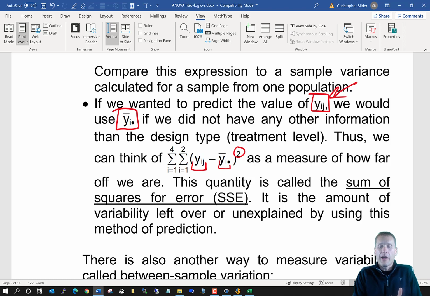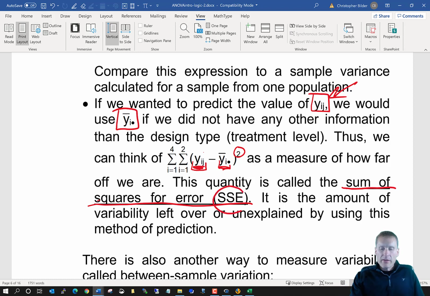all the design types. And thus what we have here is a measurement simply of, I'm taking the sum of squared errors. So if we think of how far y sub ij is from its predicted value, that's like an error. So I have the sum of squares for errors. Some people will call it sum of squared errors instead.